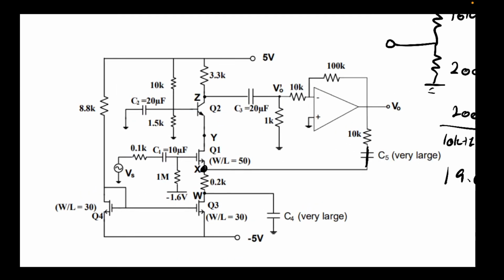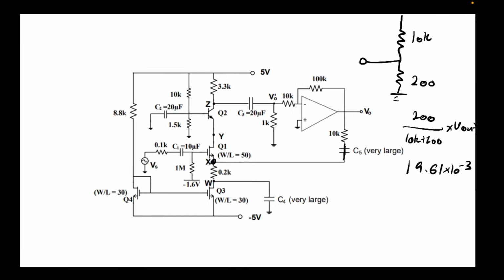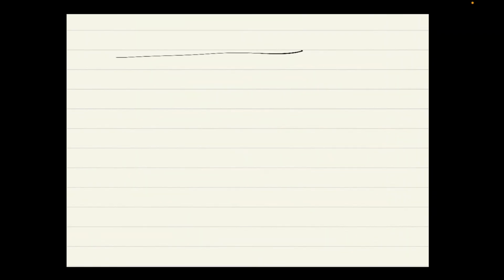This is a pretty big circuit and it looks really complicated. How am I going to go about this in a way that isn't going to overwhelm me? Well, the first thing I see is this little circuit over here. It's a current mirror. So I'm going to find the current in the current mirror, and I'm just going to say that it's a current source over here. So I eliminate that. Okay.